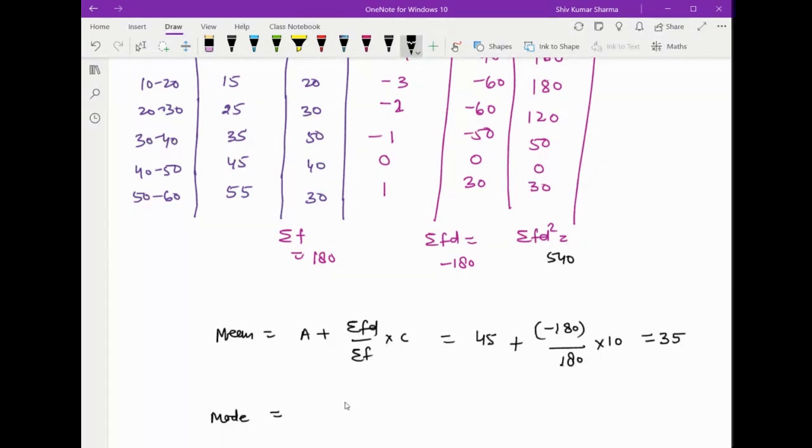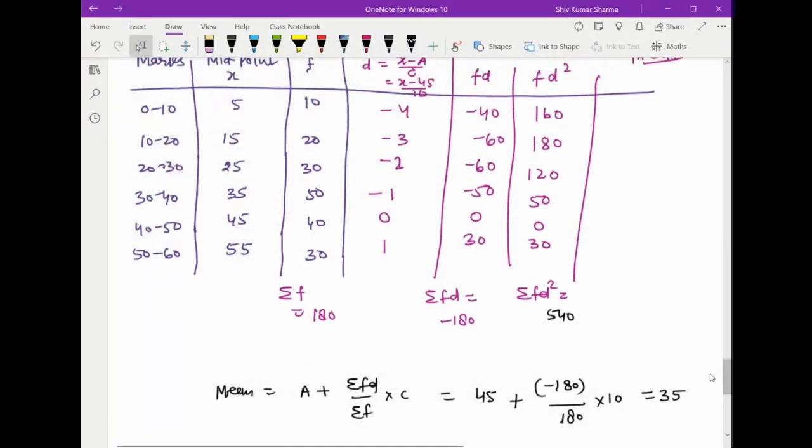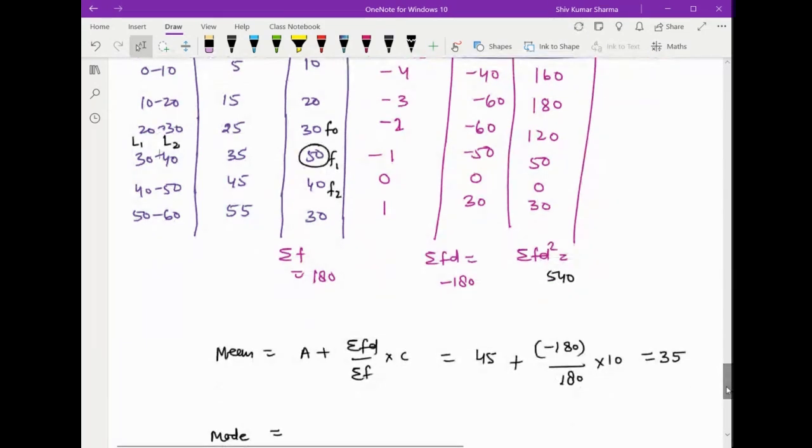For calculating the mode, we see that the highest frequency is 50. So this is f1, the previous value is f0, and this is f2, and correspondingly the modal class is L1 to L2.